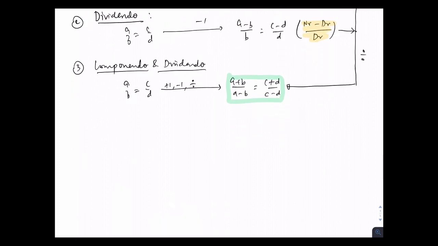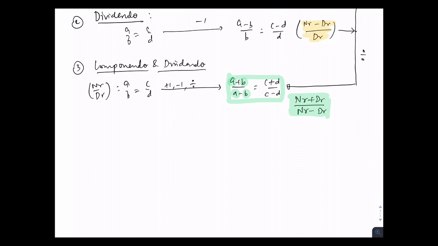If you started with numerator upon denominator initially, you get numerator plus denominator upon numerator minus denominator.